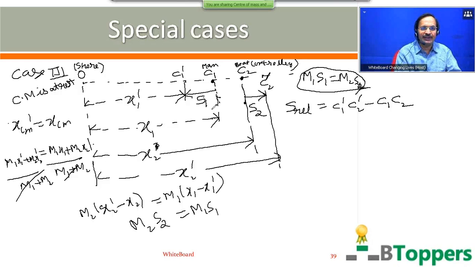The distance between C1 dash and C2 dash, you can observe from the figure, can be written as the distance between C1 dash and C1, plus the distance between C1 and C2, plus the distance between C2 and C2 dash.